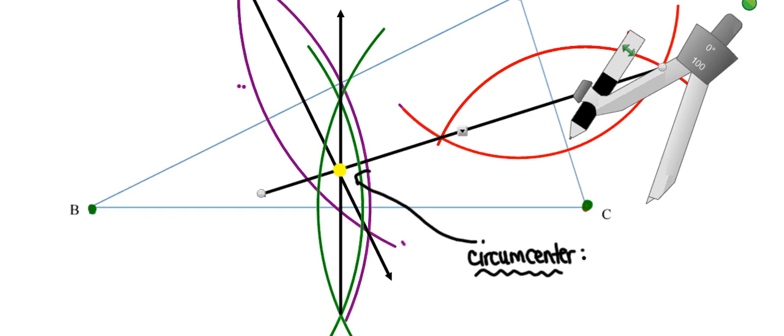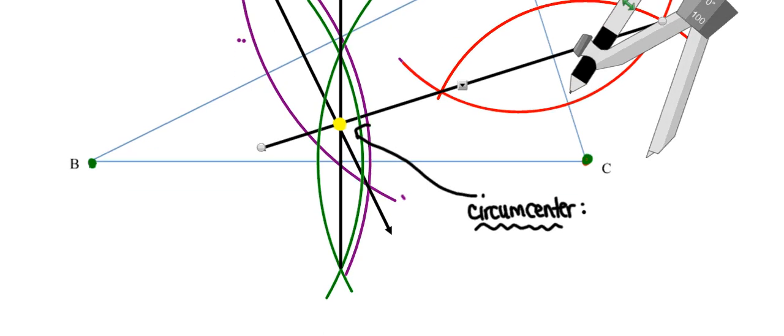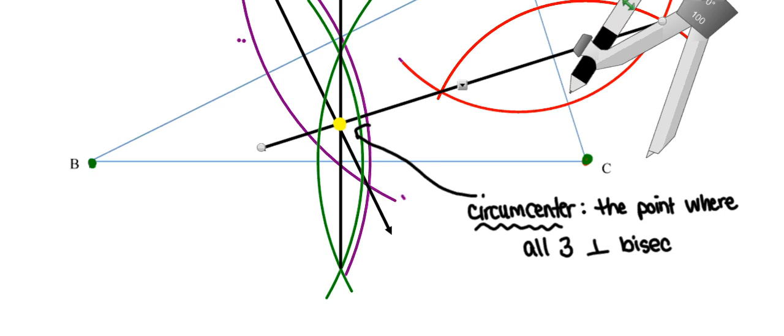But all you really need to know for this class for this year is the circumcenter represents the point where all 3 perpendicular bisectors of the sides intersect.